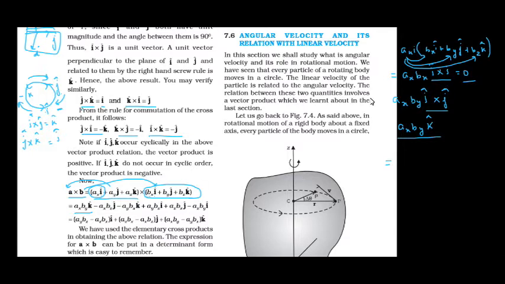Now the next thing, axi is multiplied by bzk, so we can write the next term as ax bz, i cross k. Check the circle: i and k are moving in the reverse direction, so it is minus j.